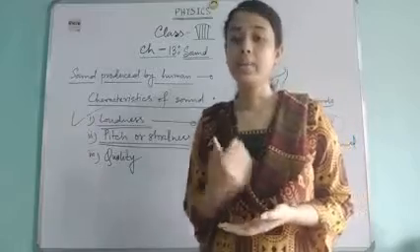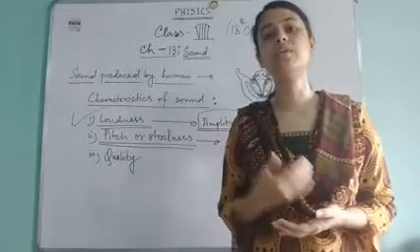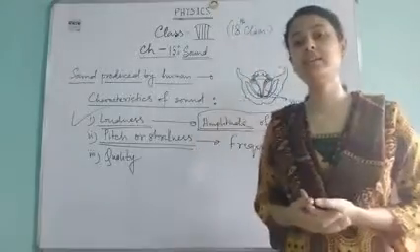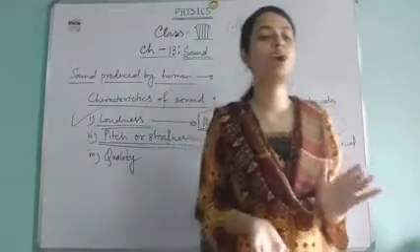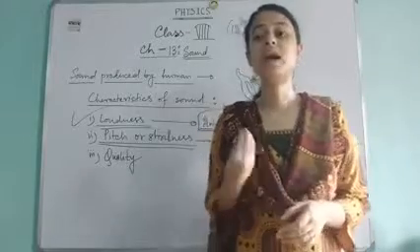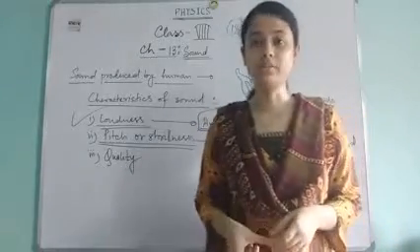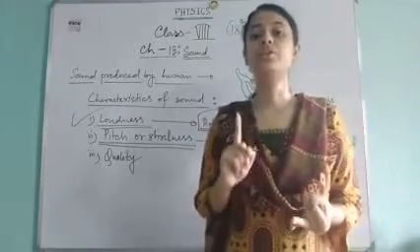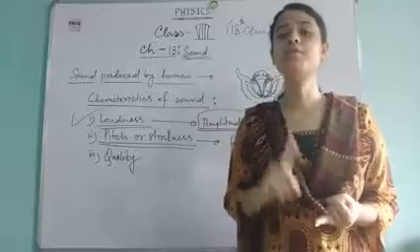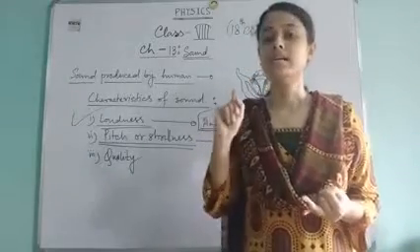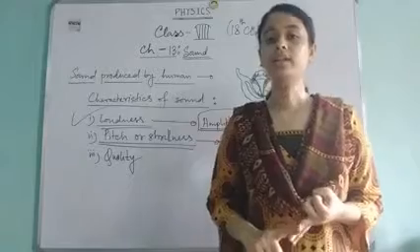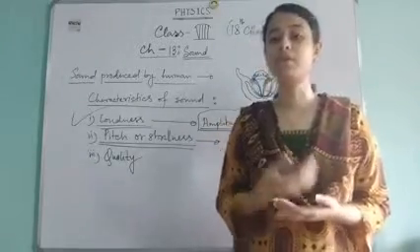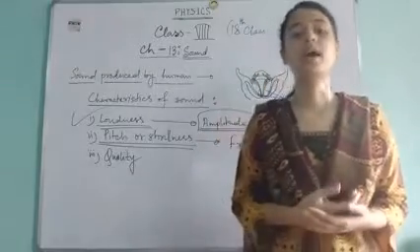So men can produce much louder sound compared to women. And also the children. When a small child cries, it becomes unbearable for us. That is not because of the loudness, that is because of the shrillness or the pitch. So the pitch of sound produced by a child is much greater than a woman and then men, whereas the loudness of sound produced by a man is much greater than a woman and than the children.